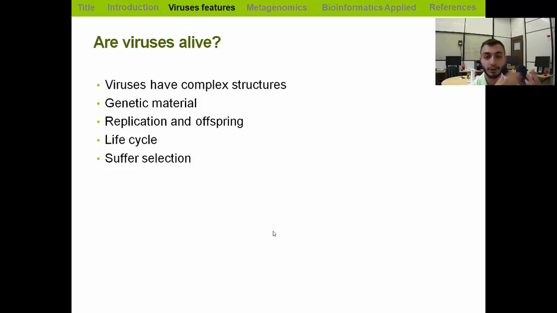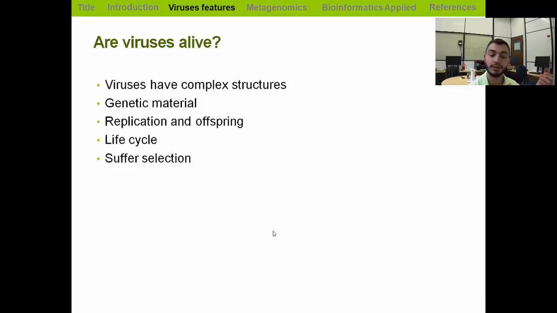And they suffer selection. Of course they suffer selection, because they produce a lot of particles and they mutate a lot. They have diversity in the population, and this diversity will be selected, as Darwin said, by natural selection. So this might be very good evidence that they are living organisms.